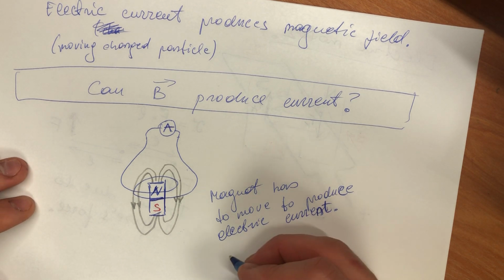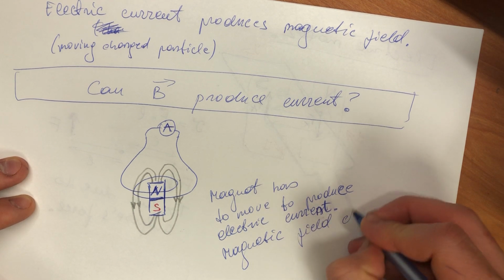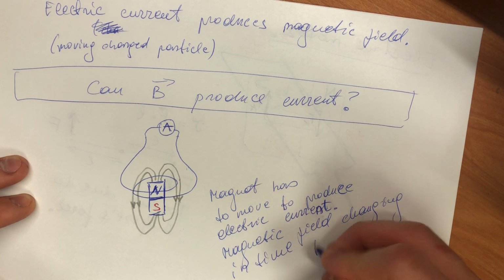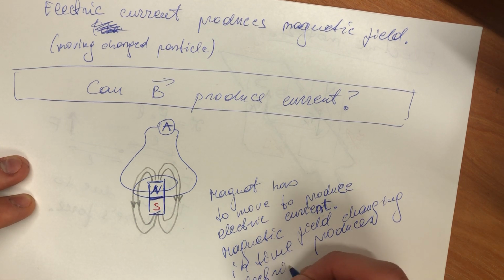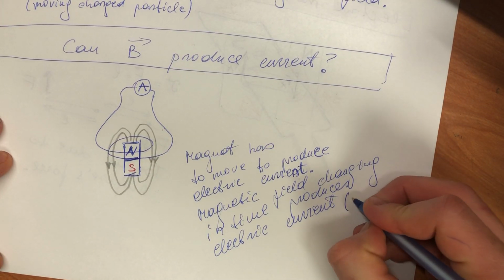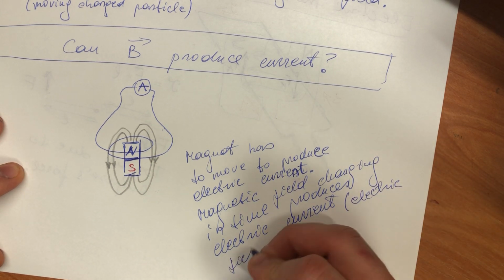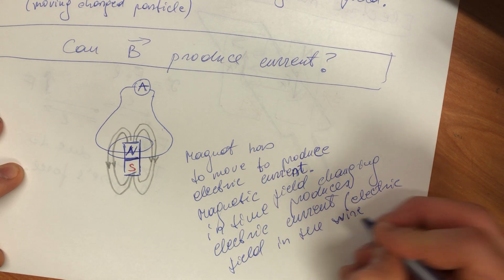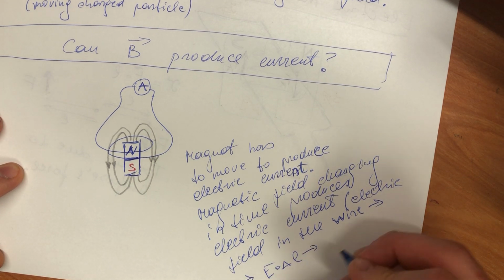So it means that a magnetic field changing in time produces electric current, or basically saying produces electric field in the wire, and the electric field in the wire is E times delta L, and it is voltage.